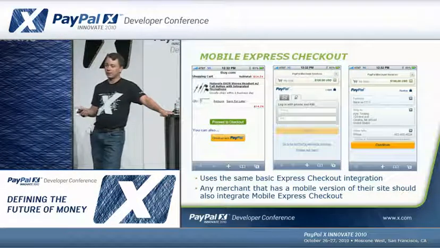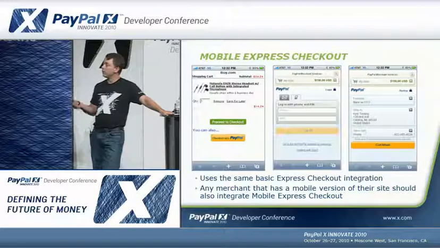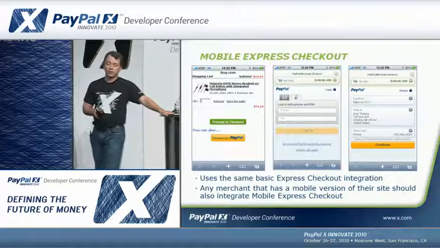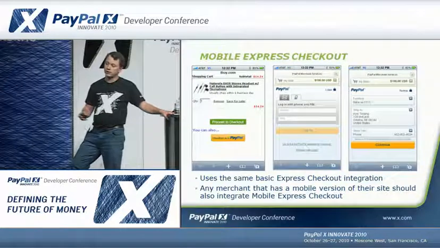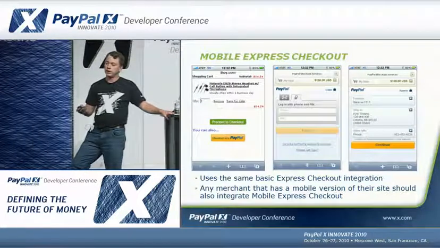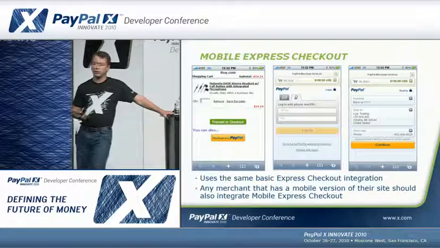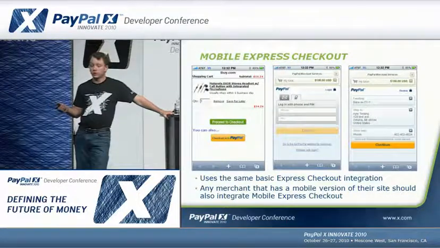So one of the brand new things we added was the mobile experience. Basically what we did is we took the Express Checkout integration and changed the redirect URL, and based upon the redirect URL, when you send them over to PayPal, we display the mobile checkout pages.